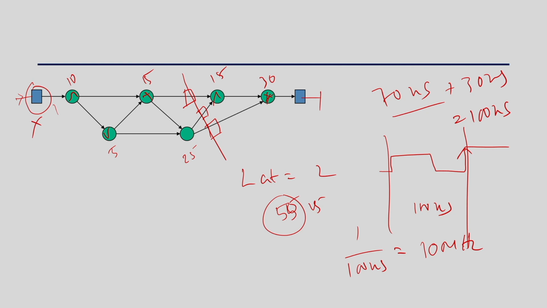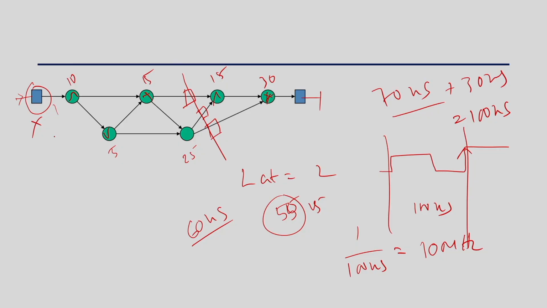But what it does is you give a certain target clock period, say my target clock period is 60 nanoseconds. It models the problem such that once retiming is done, it places this register here, so it can achieve a clock period of 55 nanoseconds, which meets the target. So retiming is an optimization which moves the registers in a circuit such that, given a target clock period, it can achieve it.